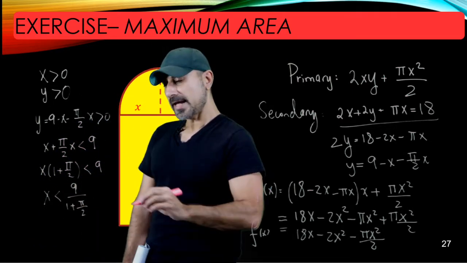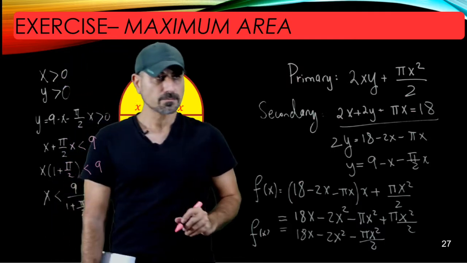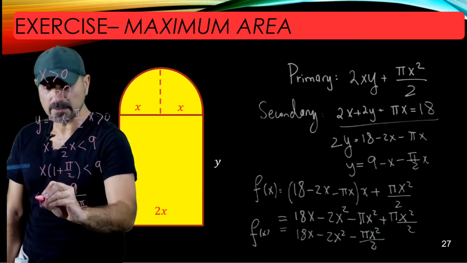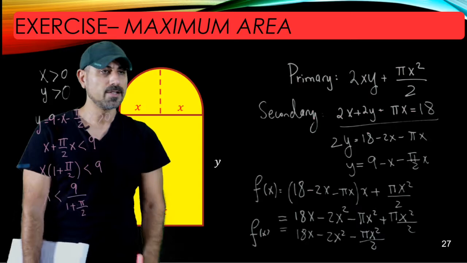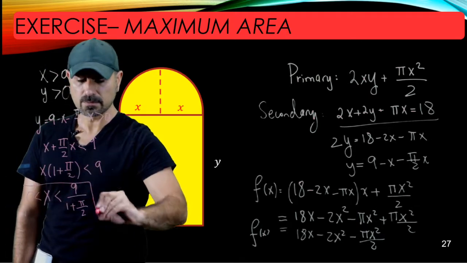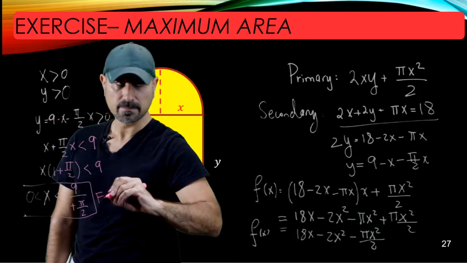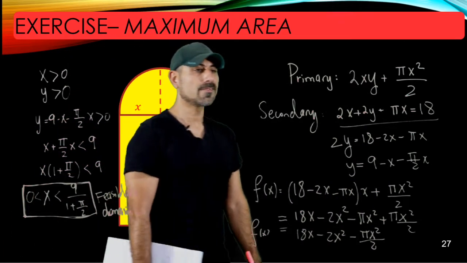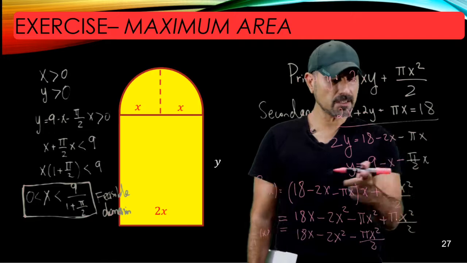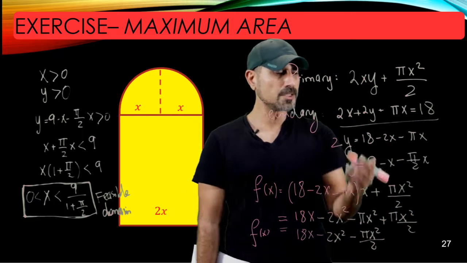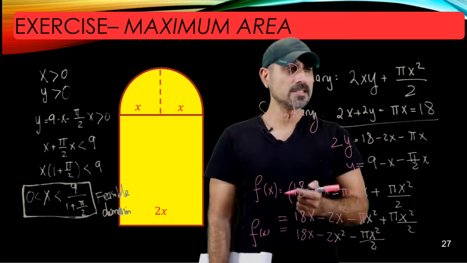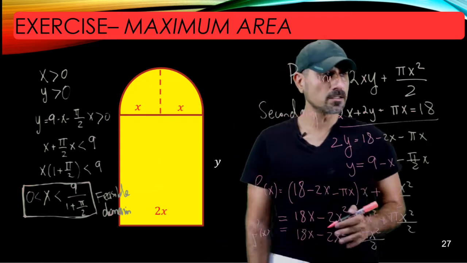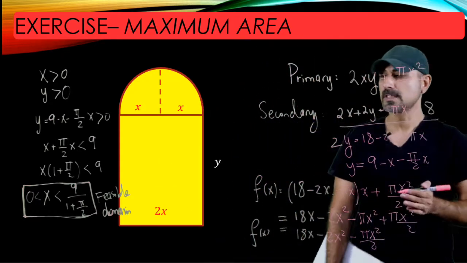All right, so x is going to be smaller than this number, but in the meantime, x is going to be greater than 0, and this is our feasible domain. This comes out of the fact that y, coming out of the constraint or secondary equation, has to be positive because y is the height of the rectangle. It can't be 0. Okay?